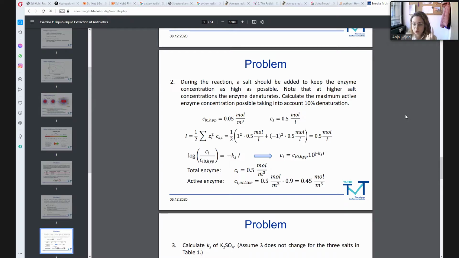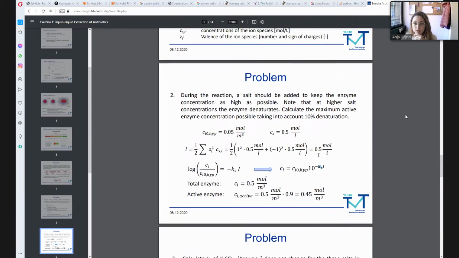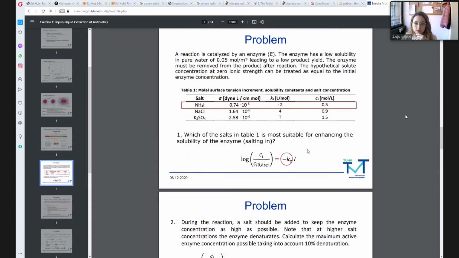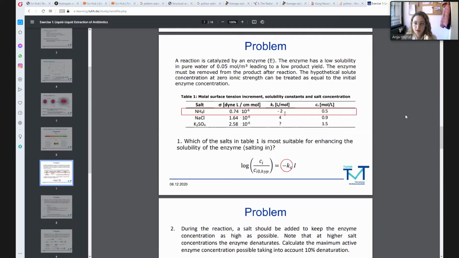So first, in order for it to be positive, you need a minus. Exactly, it needs to be minus minus. And yes, you want it to be as high as possible. If we gave you two salts that both have negative values, then you want this solubility constant and this ionic strength part of the equation to be higher, to have the stability of your enzyme.